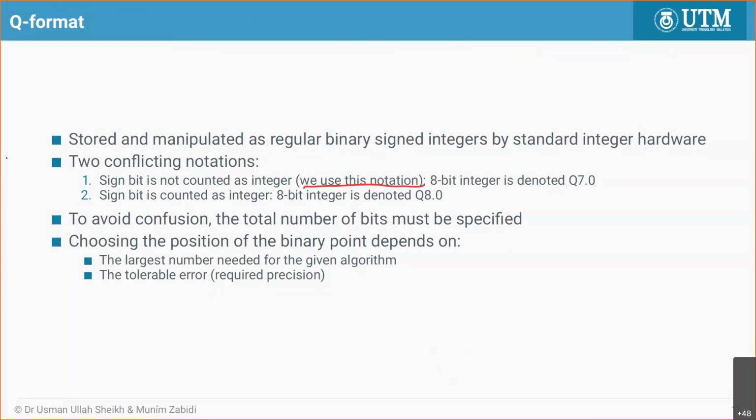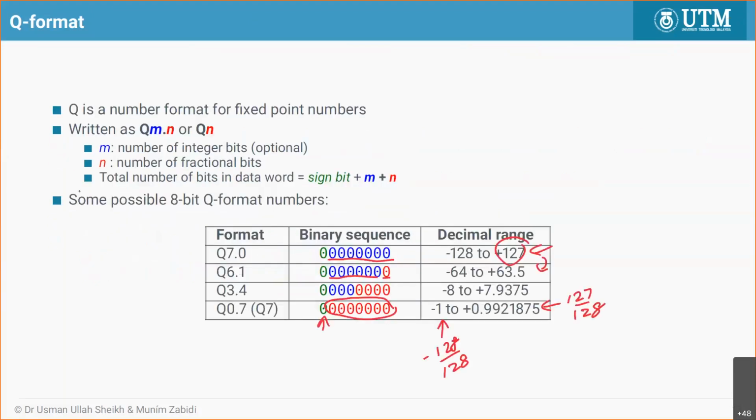But the non-DSP people prefer the second one, where the sign bit is counted as an integer bit. So if it's an 8-bit integer, in the second way it is written as Q8. So this number can be Q8, Q7.1, Q4.4, and the bottom one Q1.7 or Q7. This is funny. Q1.7 is equal to Q7.